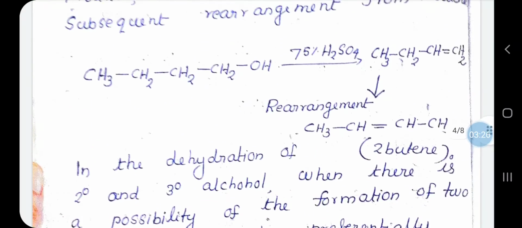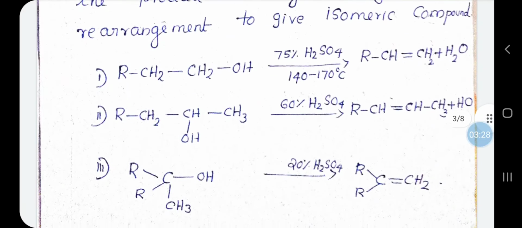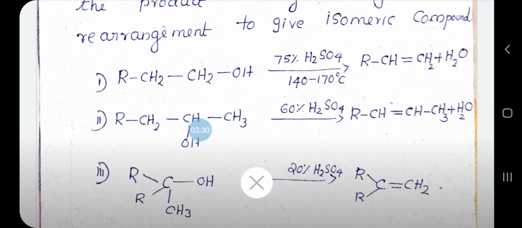A better example for Saytzeff's rule is the second one, that is, a secondary alcohol, where there is confusion whether the hydrogen will come from the CH3 or the CH2 group. According to Saytzeff's rule, the hydrogen will be removed from the carbon atom containing the least number of hydrogens, so from here hydrogen will be removed and the corresponding product will be formed.